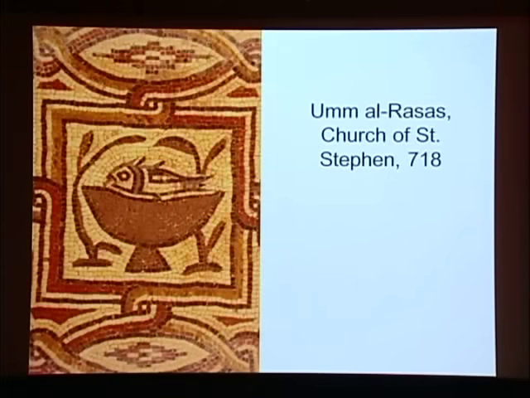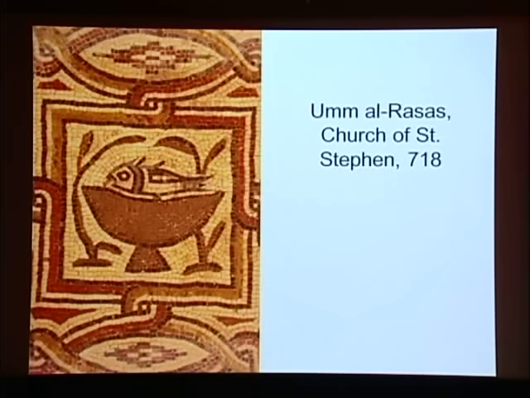Well, another puzzle with just what the people have in mind when they are doing this destruction of images comes in a church in Jordan at the site called Asas, where of the more than 100 different images of people and animals, we've seen a few previous photos of some of the damaged mosaics at Asas here. All of them are destroyed except for this one fish in a bowl. So every other single image in this mosaic floor, of more than 100 of them, is damaged except this one.